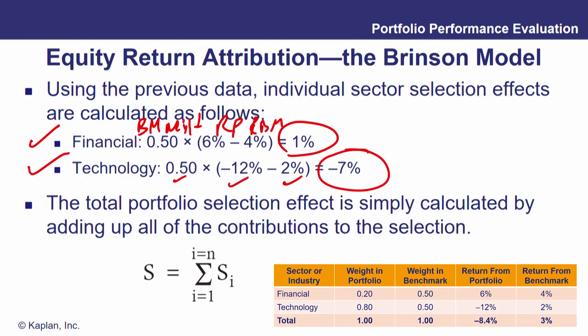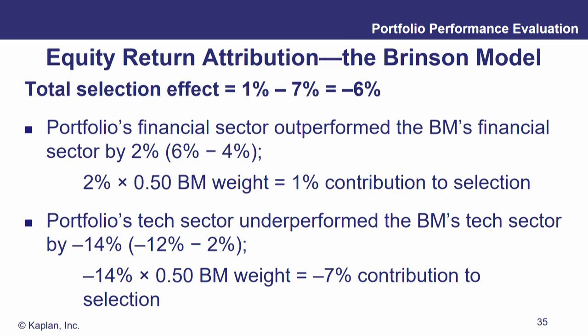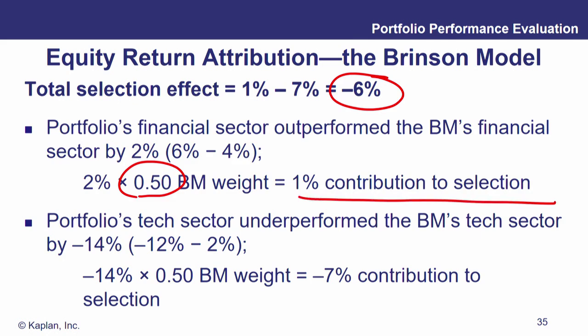Just like when we were dealing with sector effects, now we want to look at this selection effect, and we're going to sum these up. The total selection effect was negative 6%. So let's dig in and understand why. The portfolio's financial sector outperformed the benchmark sector by 2%. 2% times the benchmark weight of 0.5, that's a 1% contribution to selection.